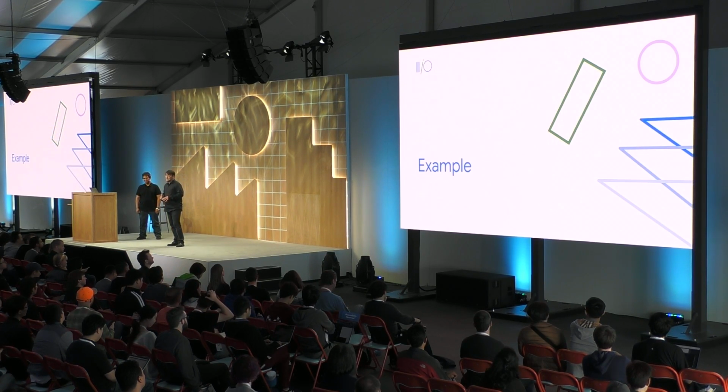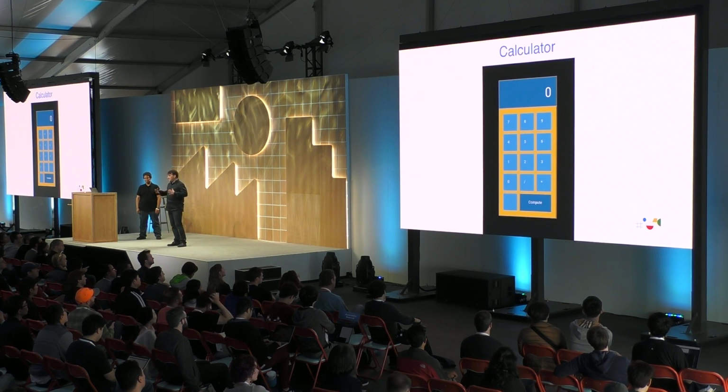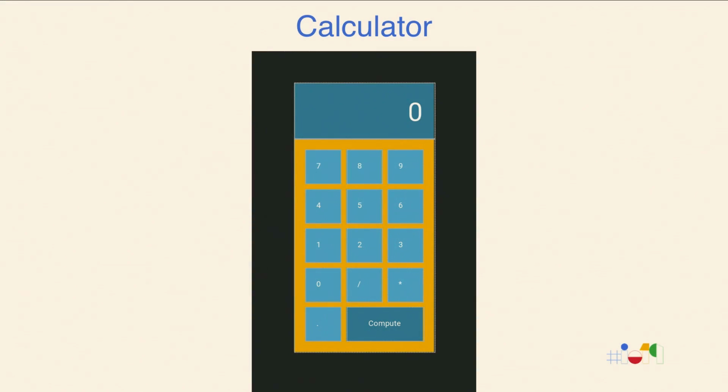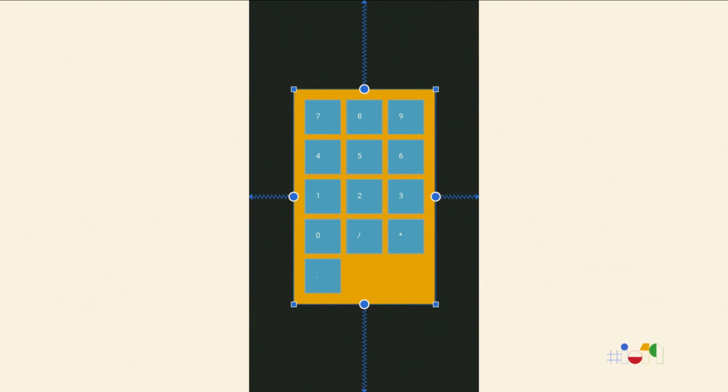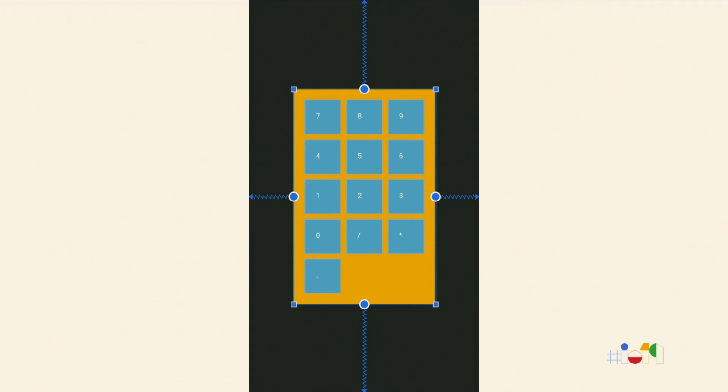So here's an actual example of how to use it. I'm going to take a UI that definitely looks like something that could use Flow, a basic calculator, and I want to create the body of that calculator like that. The first step is I'm going to set up the flow, make it wrap content, center it in the parent, reference the elements, add a couple of attributes to define how it's going to behave, and we end up with this result.